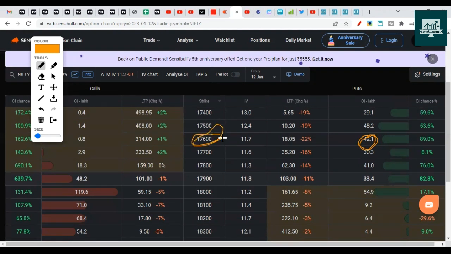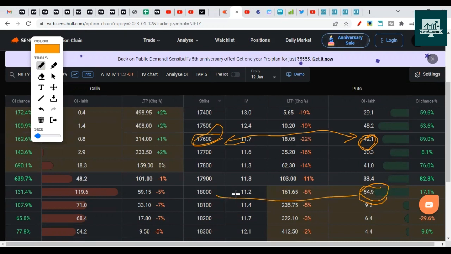So if next session we again close below 18,000, we can go towards the 17,700, 17,600 zones. 18,000 put writers can exit their positions if it manages to close below 18,000. So that's all on the analysis front.